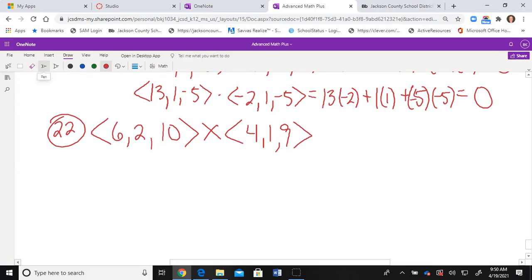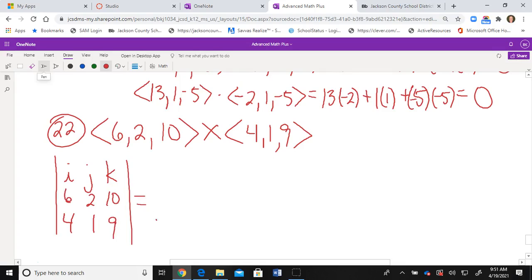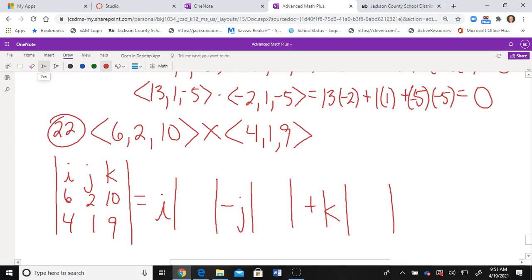All right, so same process. I, J, K. Make your matrix. I, J, K, 6, 2, and 10, 4, 1, and 9. We're going to have I times the matrix minus J times the matrix plus K times a 2 by 2 matrix.